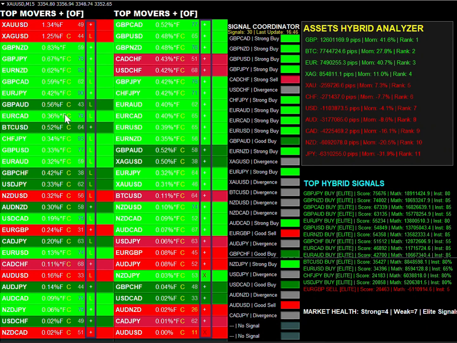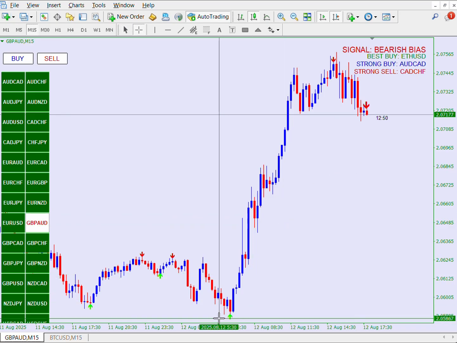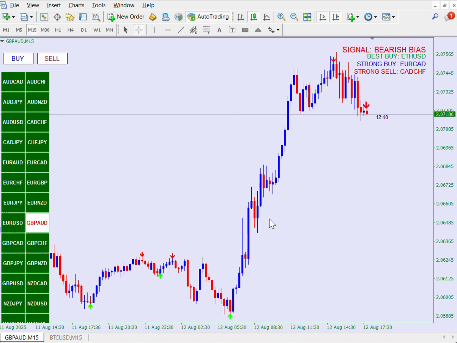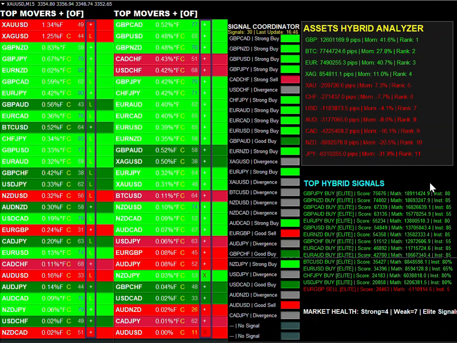Okay, now another point. We had GBP AUD here, GBP AUD is confirmed here, and we also have GBP AUD, and the sentiment is bullish, the bias is bullish. Then we have to wait for a bullish momentum, when the volatility is on the bullish side. So you carefully select the trade you want to trade.